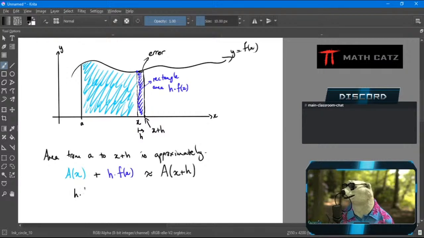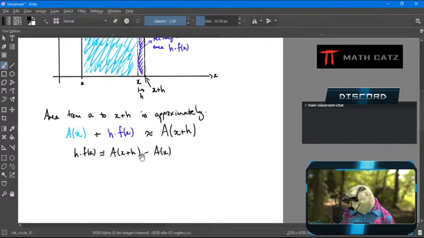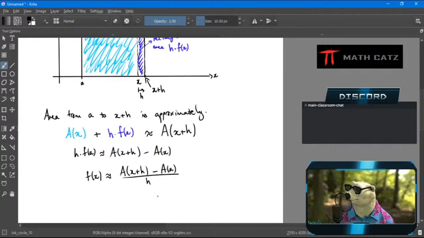I have h times f of x is approximately A of x plus h minus A of x. And then I can divide both sides by h to get the function value approximately this expression on the right.